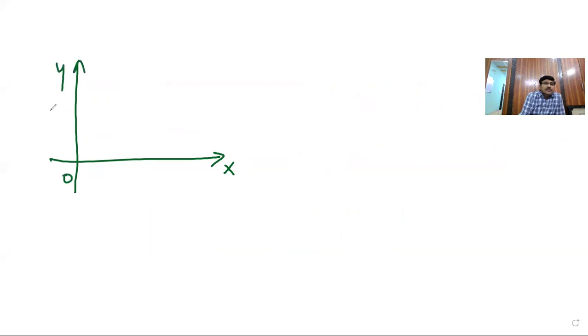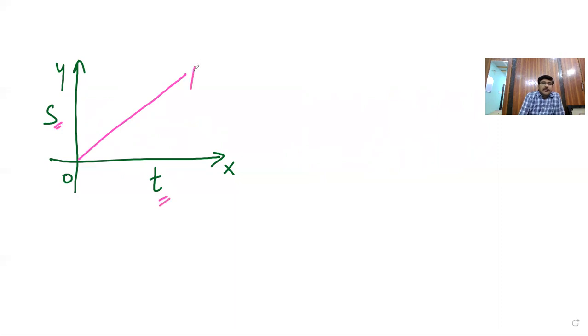Observe. Suppose this is the y-axis, this is the x-axis, this is the origin. Suppose displacement is given on the y-axis, time is on the x-axis, and we have drawn a graph with the available data of displacement and time.